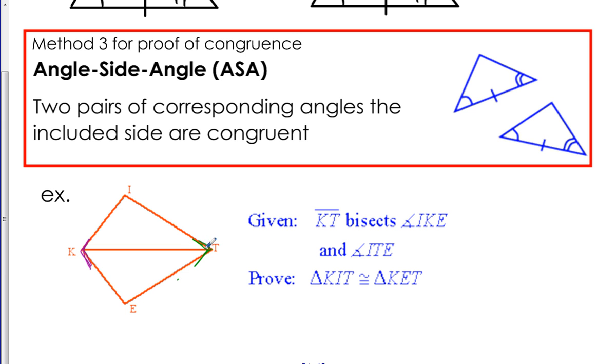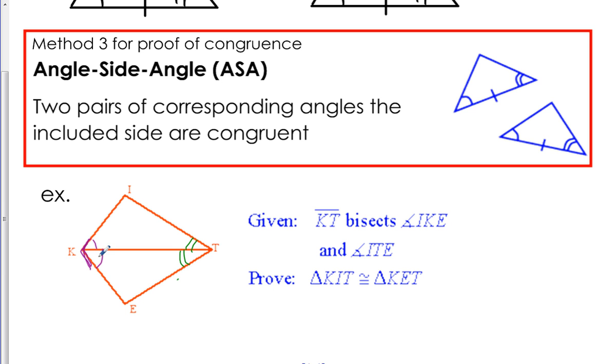Well, remember, before we start putting pen to paper, we start marking things up. What does that mean? Well, it means that angle IKT and angle EKT are congruent to each other. Now, it also says that line segment KT bisects angle ITE. Well, what does that tell us? It tells us that angle ITK is congruent to angle ETK.